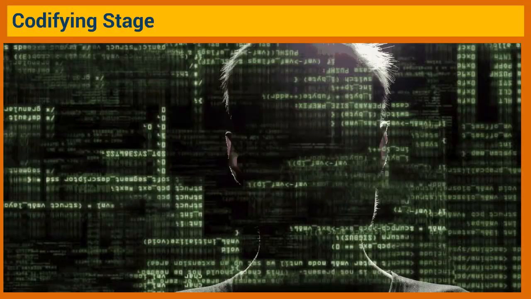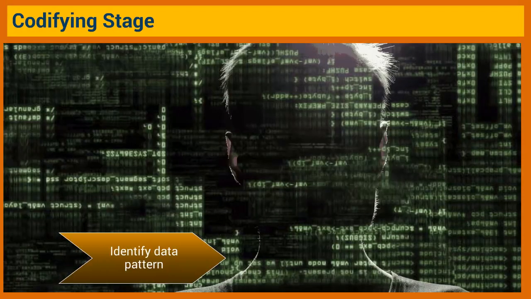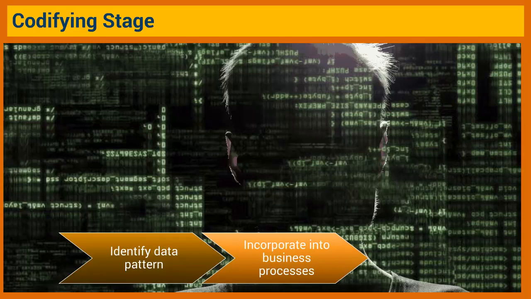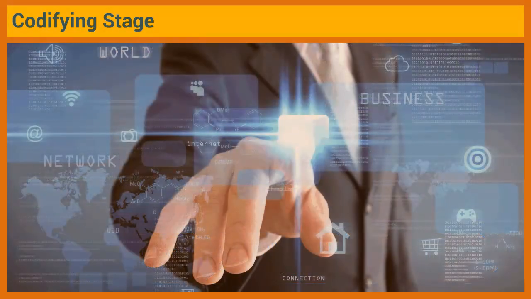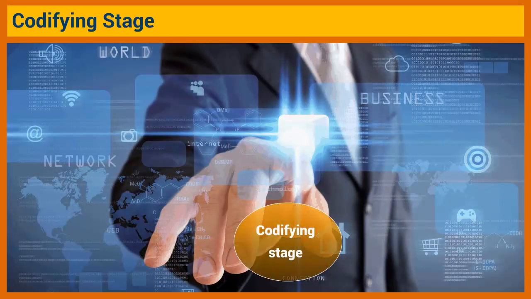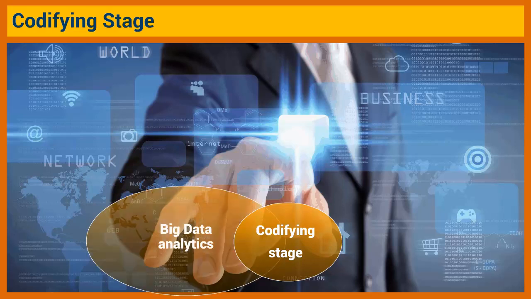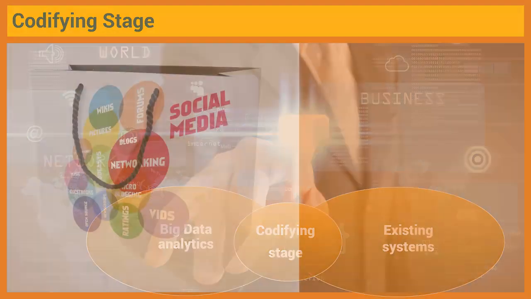Once the data pattern has been identified at the exploratory stage, it needs to be incorporated into business processes. How can you do this? Just codify it. So, in the codifying stage, also known as the development or model development stage, organizations should be able to make the connection between big data analytics and existing systems.